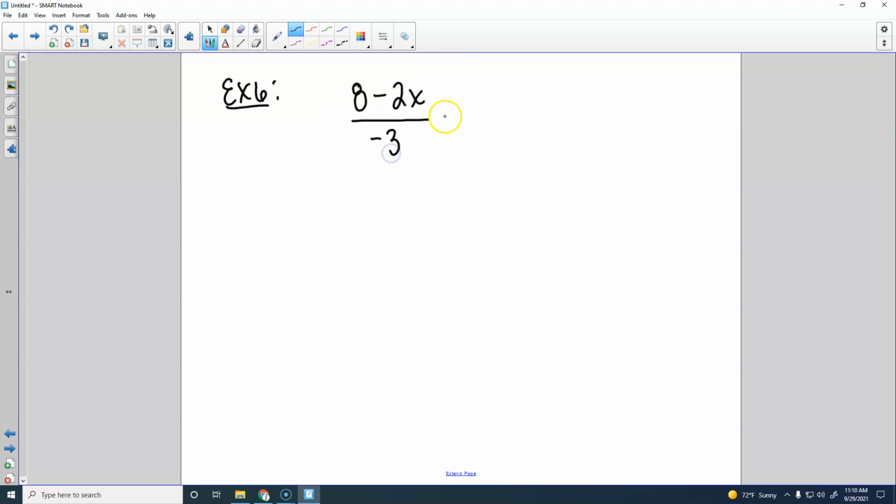Negative 3 is less than or equal to number 6. Alright, I want you guys to try this one on your own.